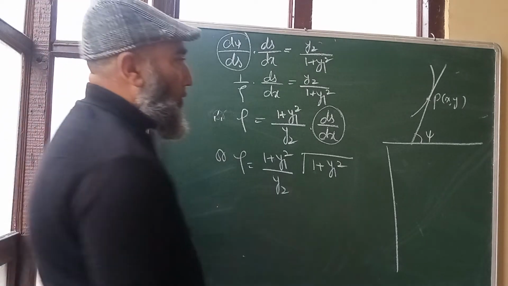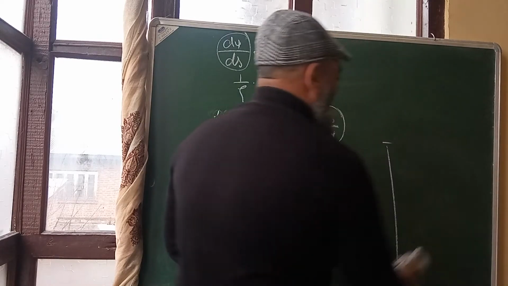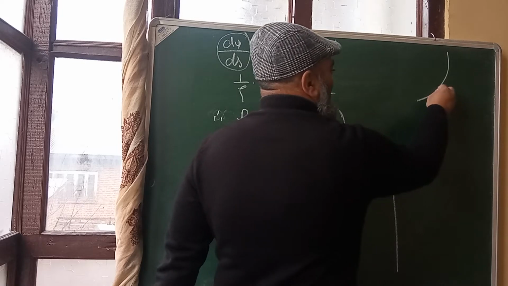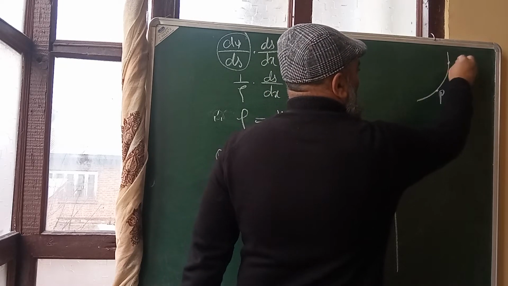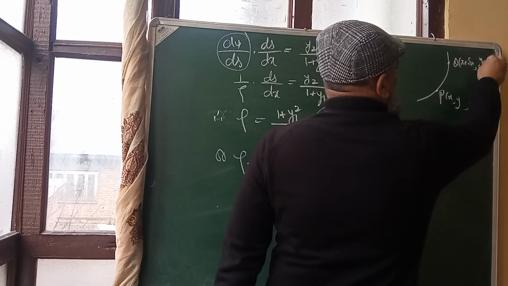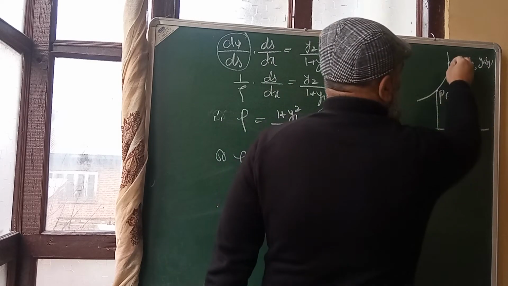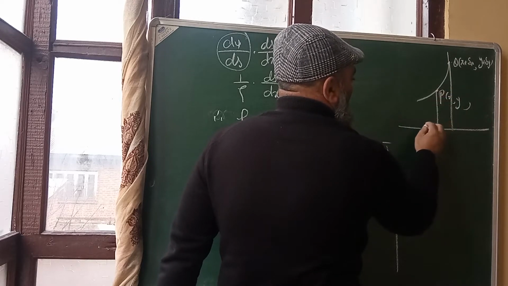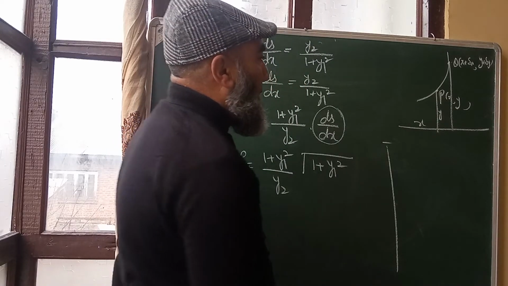Or let me show you this way. This time for another article I will not be showing. See, if you have P of (x, y) here and Q is in the neighborhood of this point, this is (x plus delta x, y plus delta y). This you know. Now, this is the point (x, y), so this will be x and this will be y, right? There is nothing to worry about.